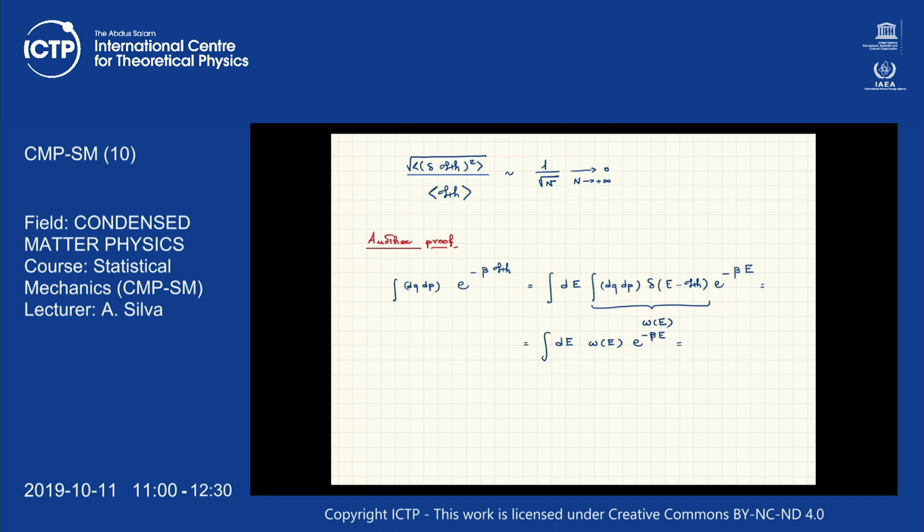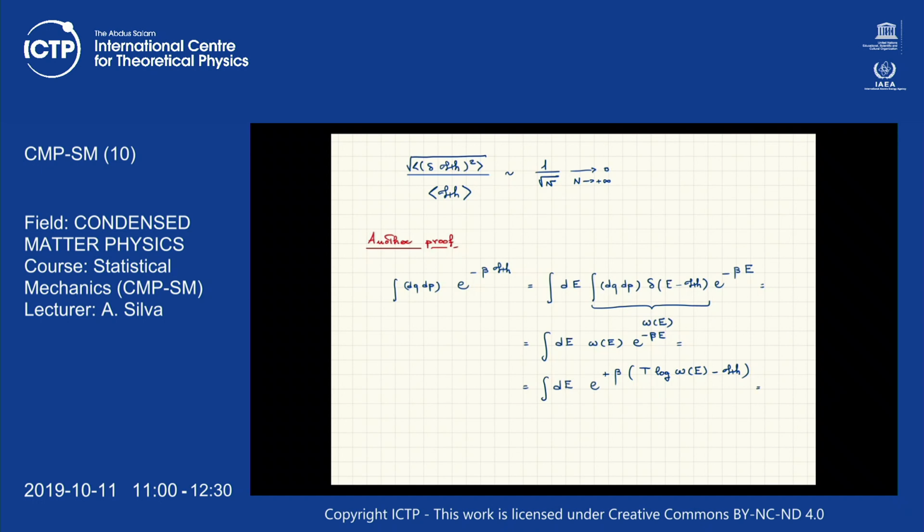Now let me put this omega of E in the exponent. So this is the integral dE e to the minus or plus beta T log of omega of E, minus E. The T here is needed to cancel the beta. Beta is just 1 over T. I'm forgetting about all k Boltzmanns. And now this is what? This is nothing but, up to a k Boltzmann that I'm forgetting, the microcanonical entropy.